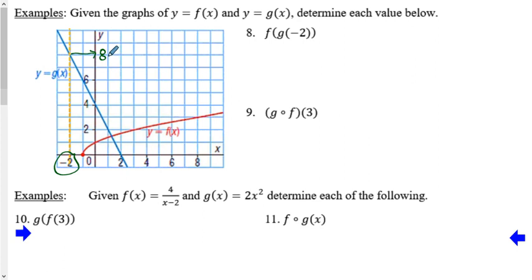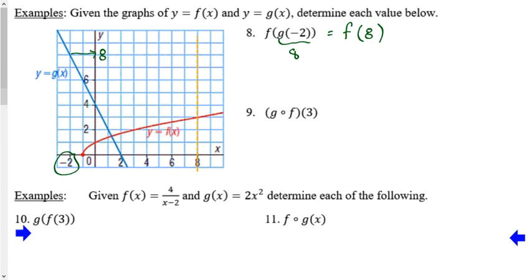So this is saying I want to find what is f of 8 because this inside part, the g of -2, that was equal to 8. So now this y value becomes an x value. And the x value is an 8, so I'm going to move this over here. Pardon me for a moment. Now, where was I?